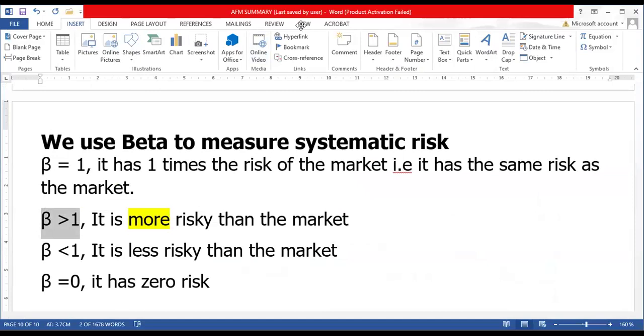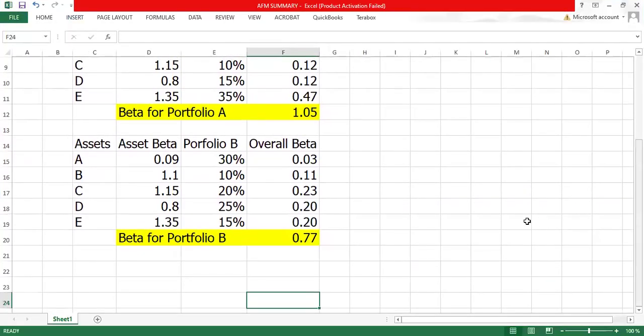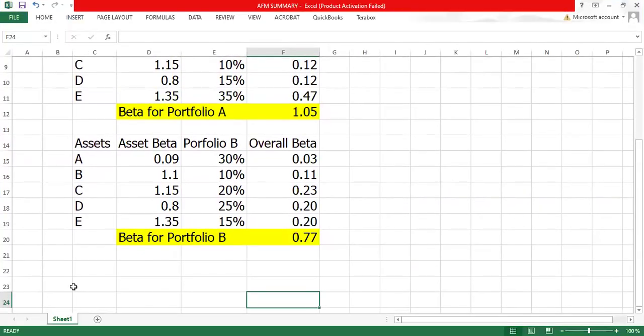So which one is more risky? Who can tell me from this? A or B? Someone in the chat is saying A. Yes, A.